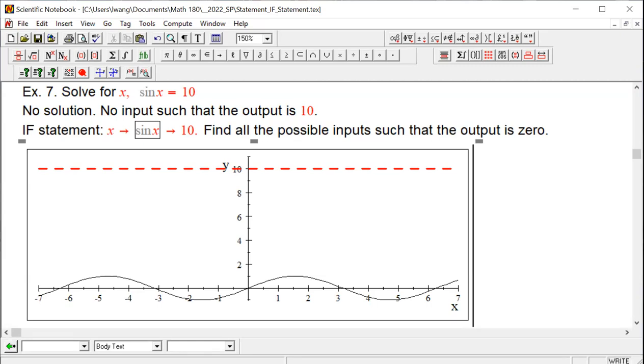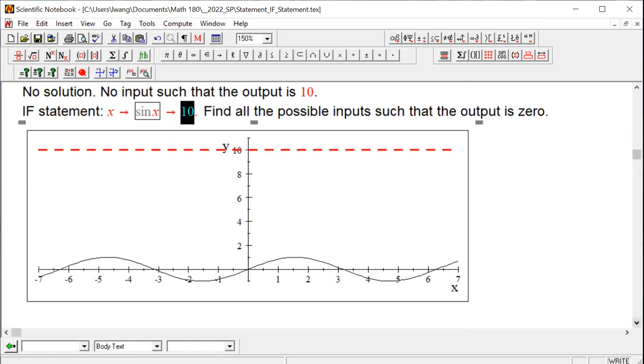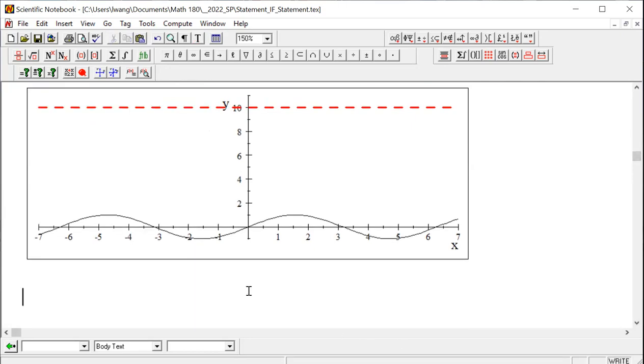When you look at the output 10, what is the range of sine? Huh? What is the range of sine? Which is on the midterm exam. What is it?